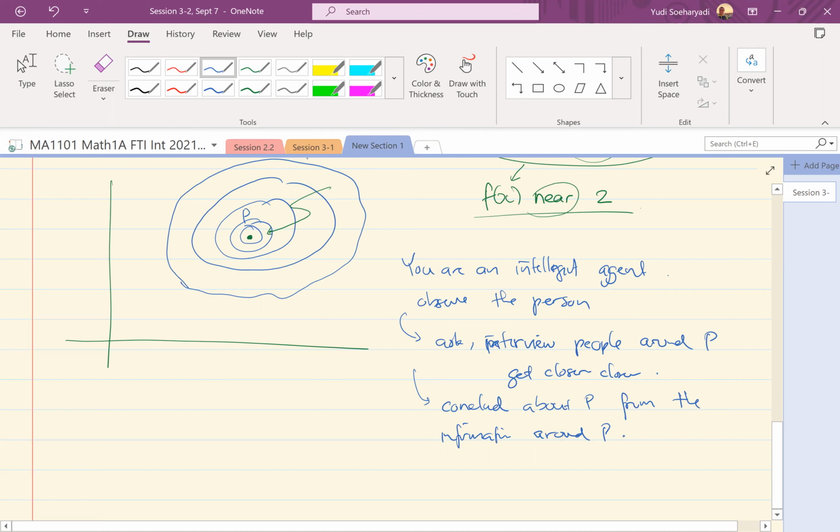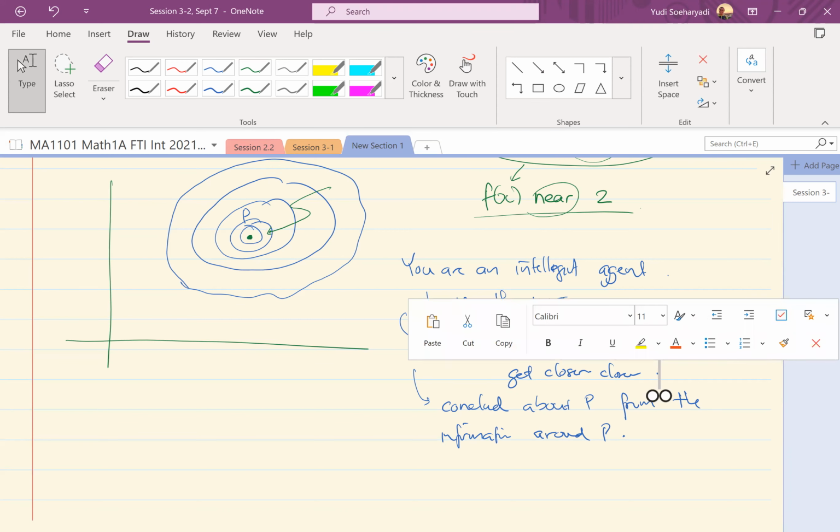All right, so you see the idea? But the problem is that the information you gather from the people around sometimes does not match the real person, what P is. Okay, so that's another issue, whether the information gives you an accurate description of P. Right?